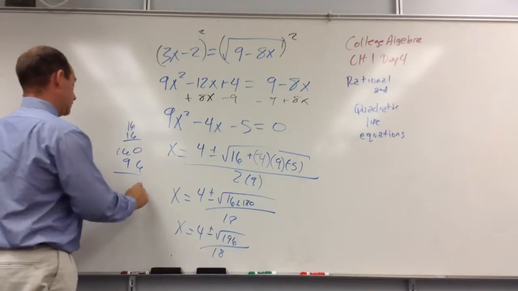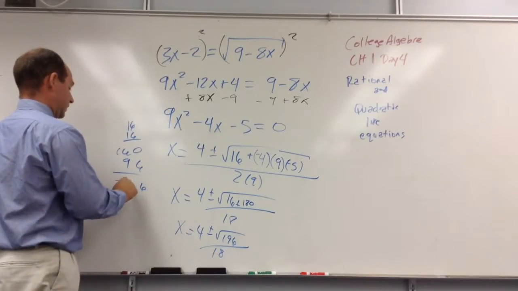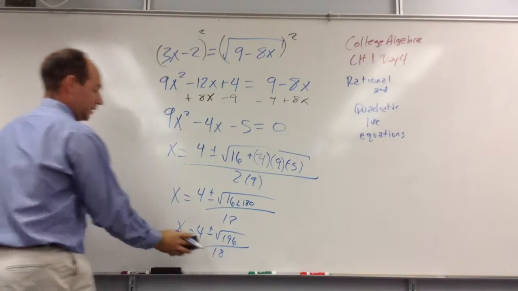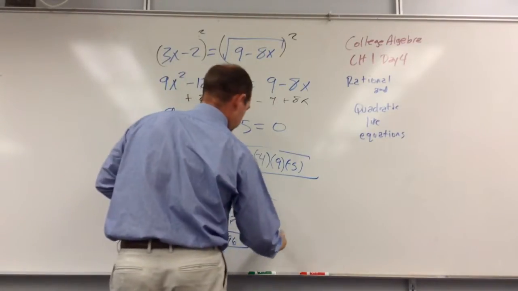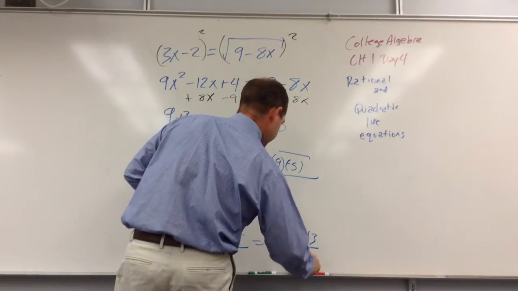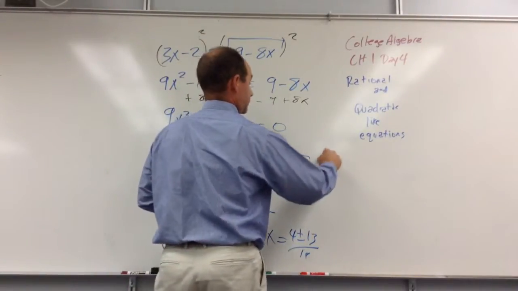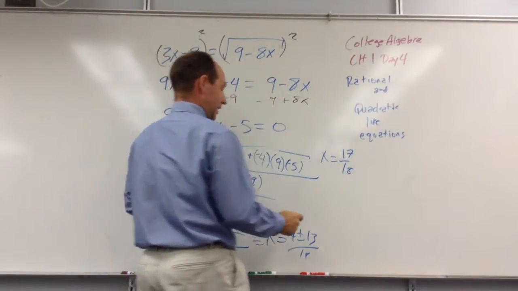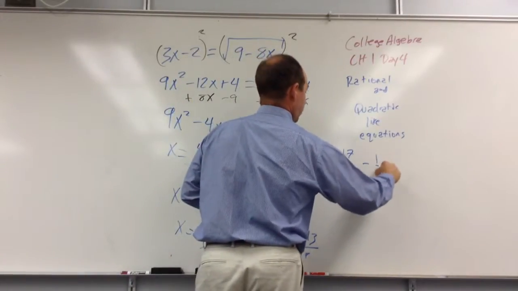No, that's 256. It's 14. So x equals 4 plus or minus 14 over 18. So 4 plus 14, x equals 18 over 18. 4 minus 14 is negative 10, so negative 5/9.